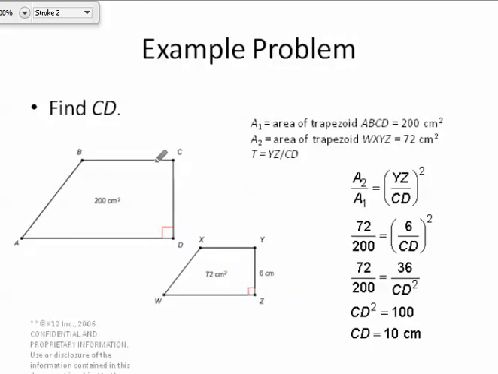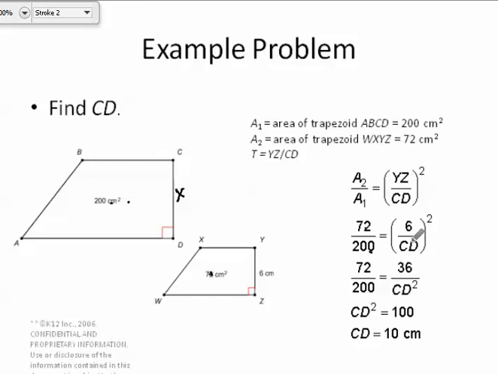Okay? Does it work for trapezoids? Why, sure it works for trapezoids. We've got 200 over 72, or 72 over 200, that would give me a scale factor. 72 divided by 200. And that's the same as what the sides are, right? And if we wanted to find the side right here, we could say that's equal to 6 divided by CD, squared.